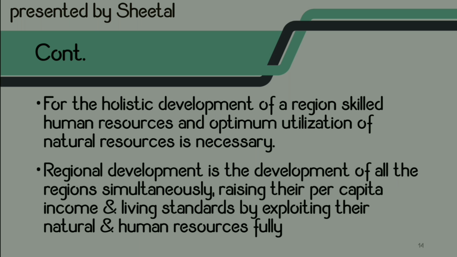For the holistic development of a region, skilled human resources and optimum utilization of natural resources are necessary. Regional development is the development of all the regions simultaneously, raising their per capita income and living standards by exploiting their natural and human resources fully.